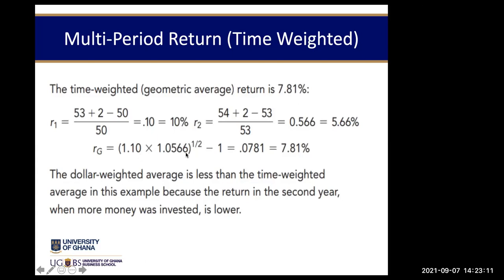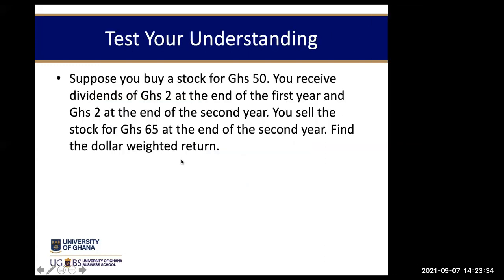So with this one, okay, I said that for the geometric return, we don't add. What do we do? We multiply. Okay, I made that very clear last time, so that you don't confuse the two.